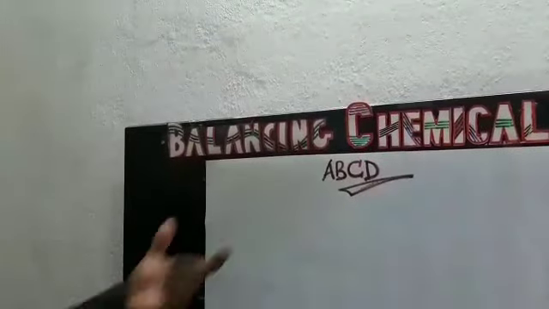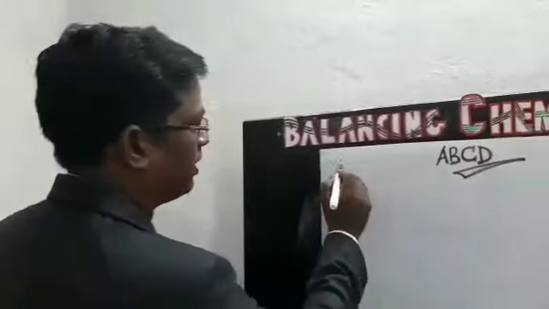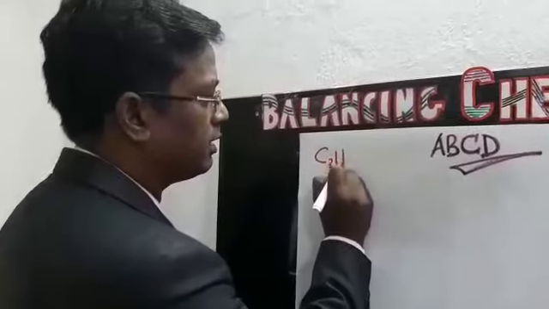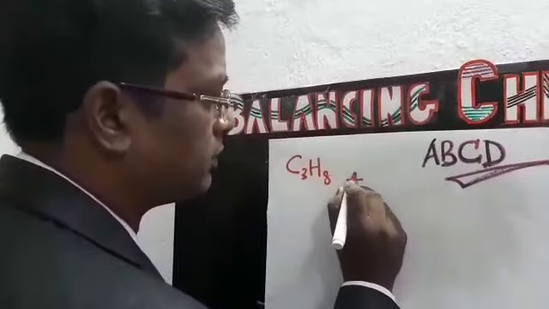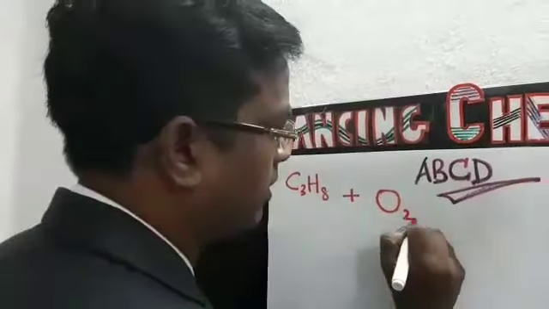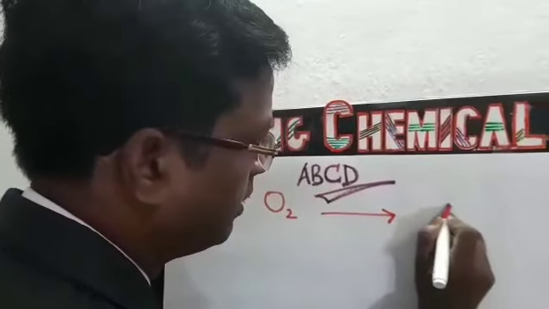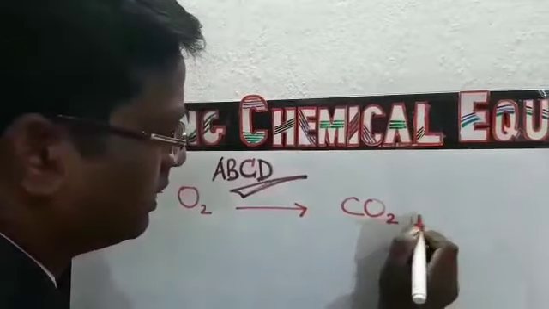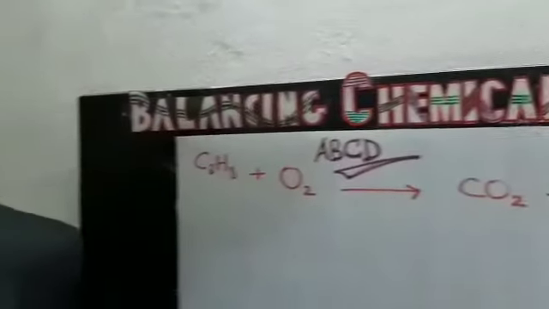ABCD is the method that I will be handling. It's basically nothing but linear equations that we will be forming and solving. Let's first take a simple equation, the reaction between propane and oxygen. So when propane, C3H8, reacts with oxygen, it produces carbon dioxide gas along with water.